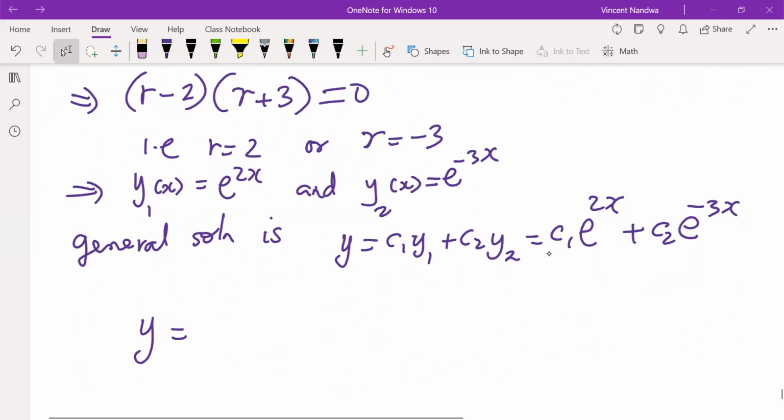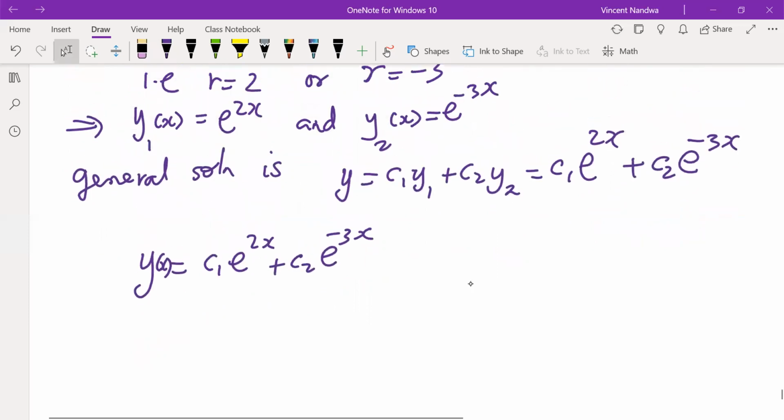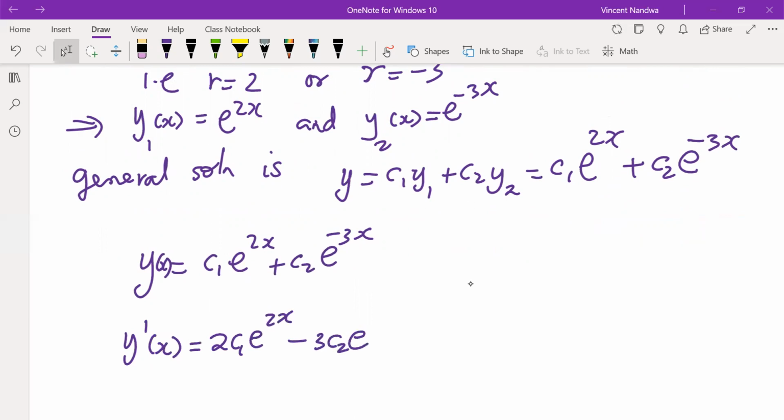So y of x, now with the given conditions, we need y prime to be 2c1 e raised to power 2x minus 3c2 e raised to power minus 3x.